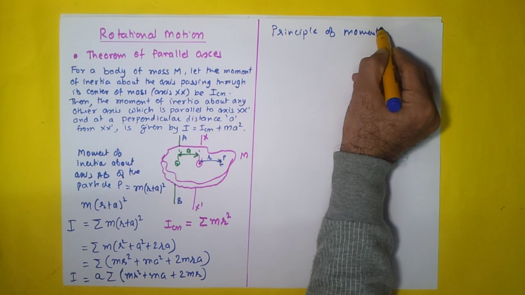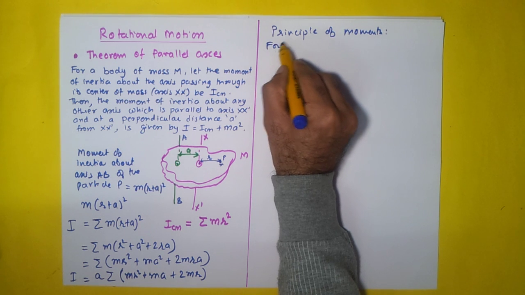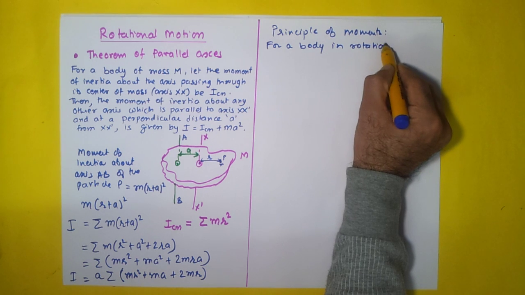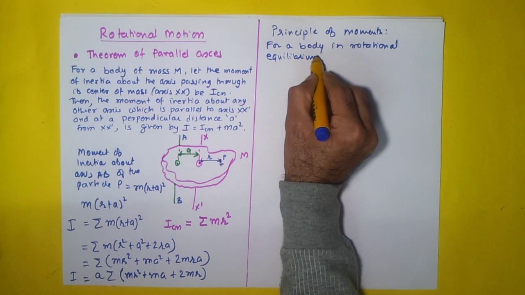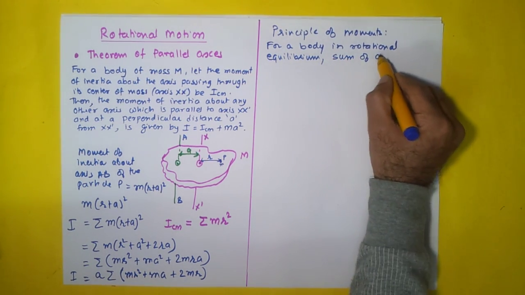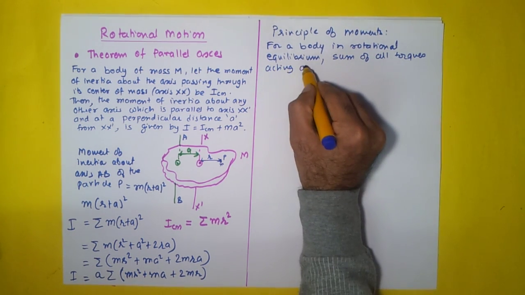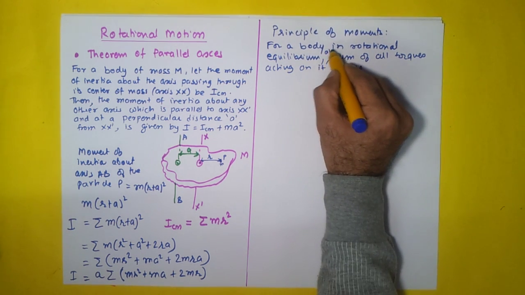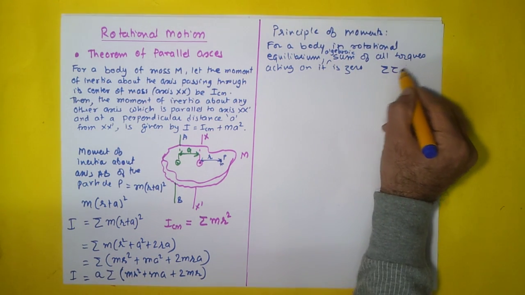The principle of moments says that for a body in rotational equilibrium, the sum of all torques acting on it is 0. In fact, I should say the algebraic sum of all torques is 0. That means sigma tau is equal to 0.